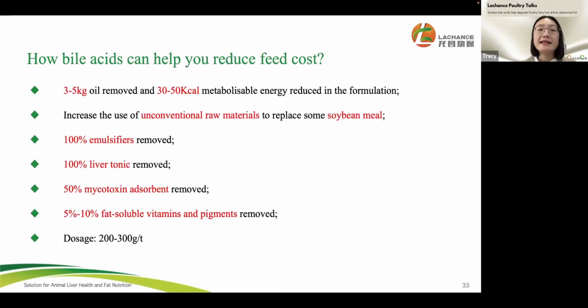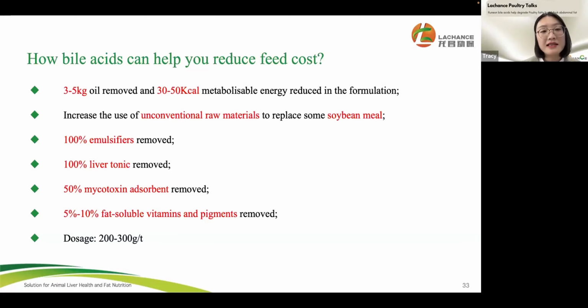And bile acids can also be used in matrix. So in matrix, bile acids help to reduce feed cost. So what kind of measures can feed mills use to reduce feed cost after using bile acids? Well, first of all, after adding bile acids, 3 to 5 kilogram oil can be removed, and also 30 to 50 kilocalorie metabolizable energy can be reduced in the formulation.